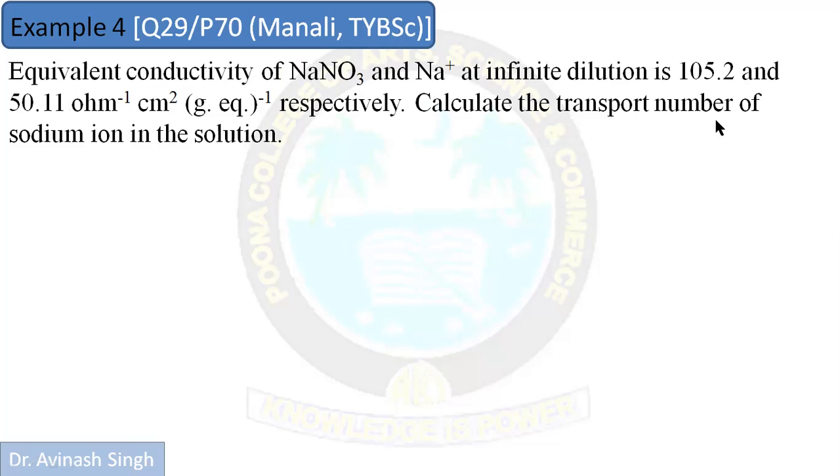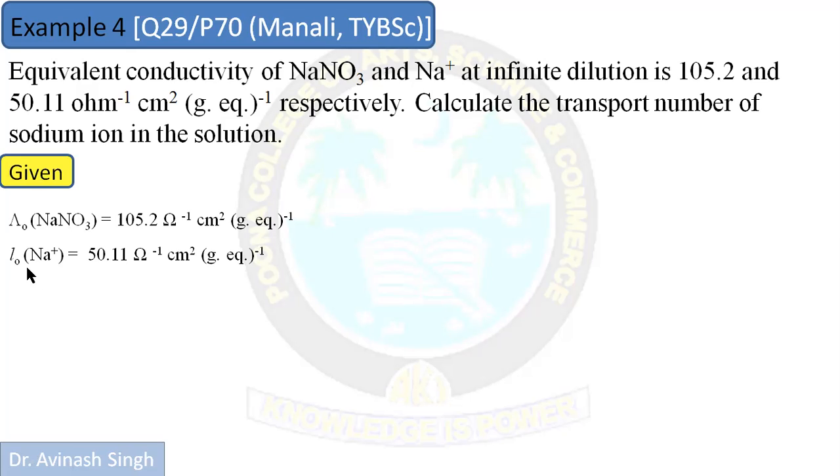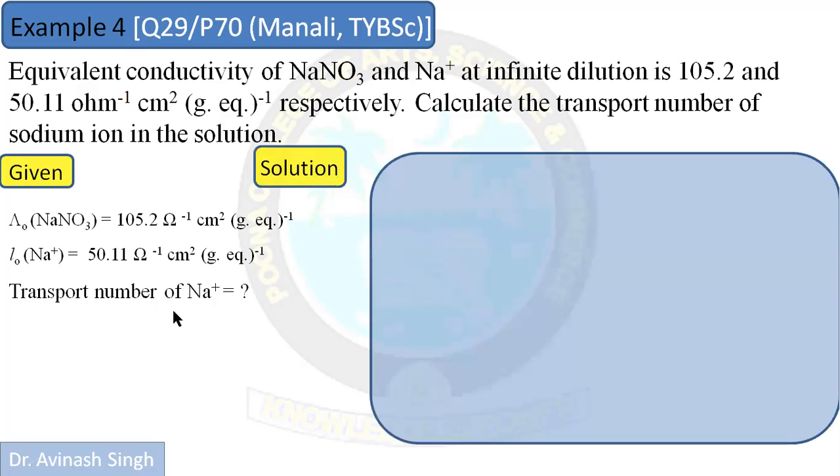We have to calculate the transport number of sodium ion in the solution. So at infinite dilution, equivalent conductance of sodium nitrate is given to be 105.2, and the ionic conductance of Na plus at infinite dilution is given to be 50.11. We have to find out the transport number.